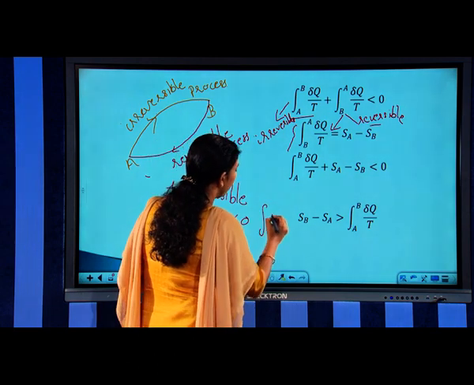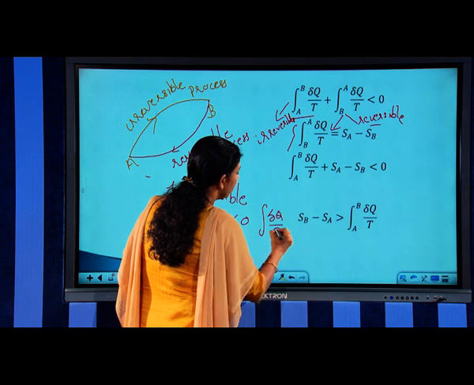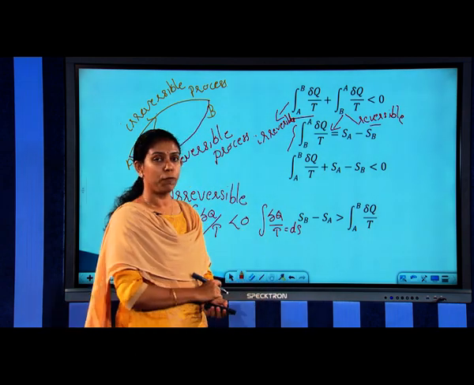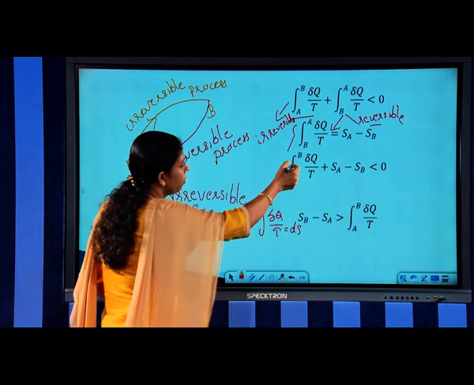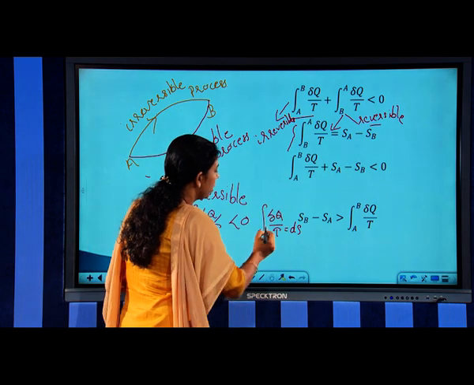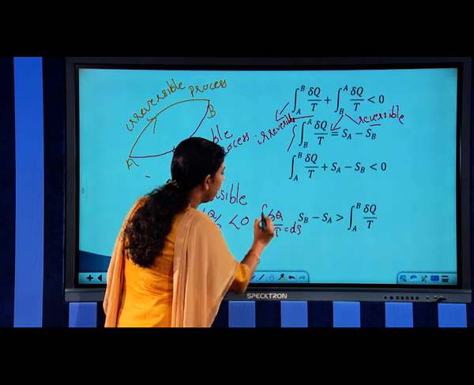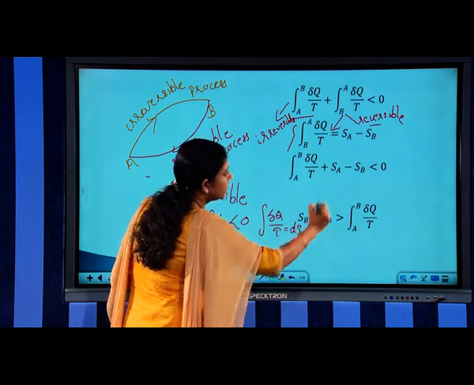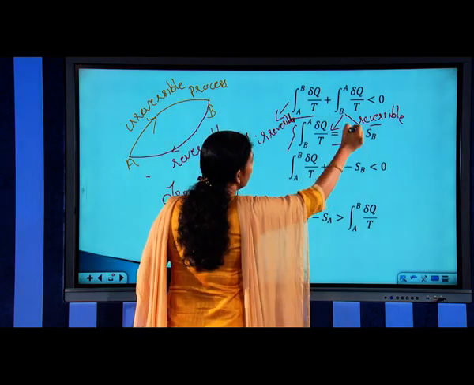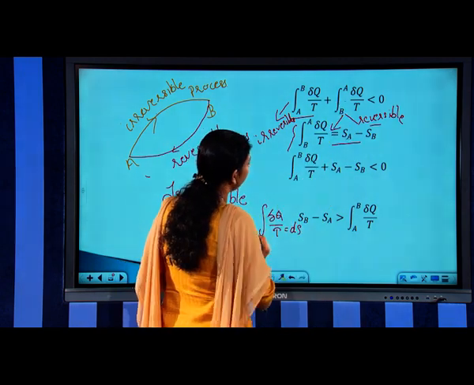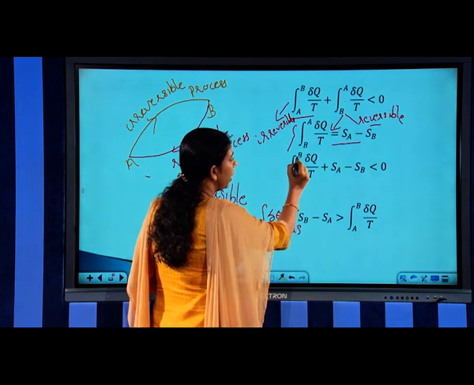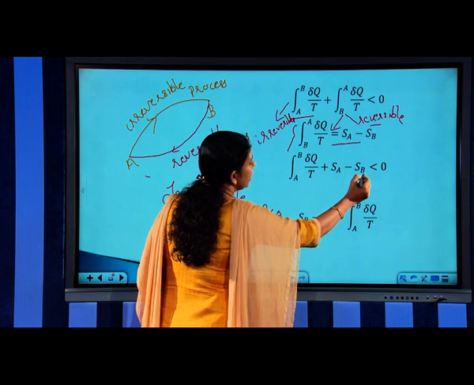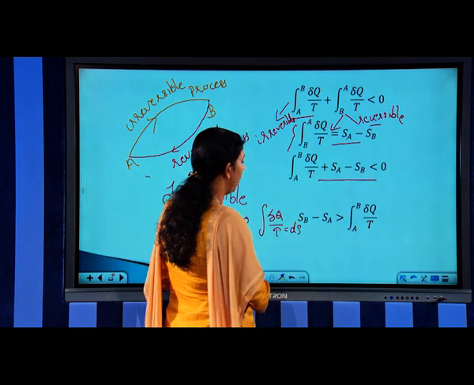That is, the integral of delta Q by T is equal to ds, the change in entropy of the two states. From this it is clear that when we take two states B and A, this equation becomes ds, meaning SA minus SB, the change in entropy. Substitute this in the earlier inequality, and we get the integral from A to B of delta Q by T plus SA minus SB less than 0.